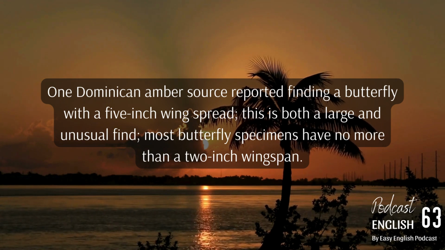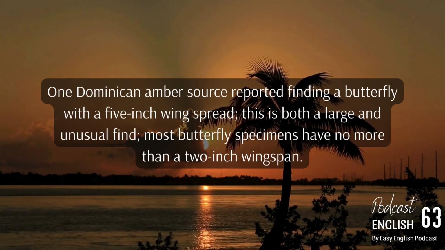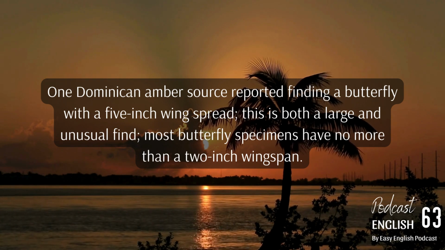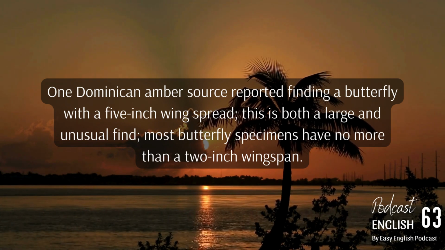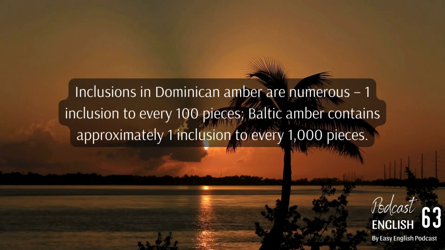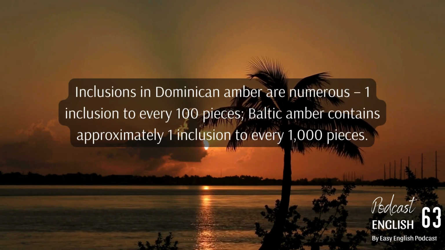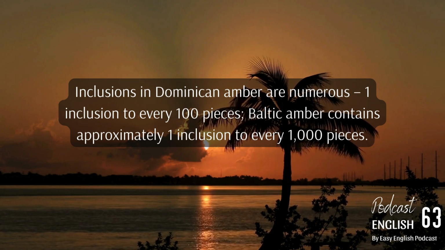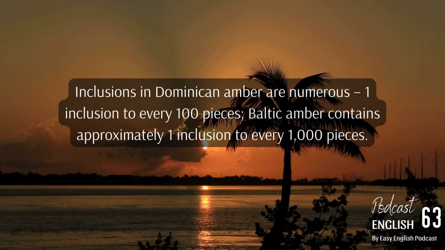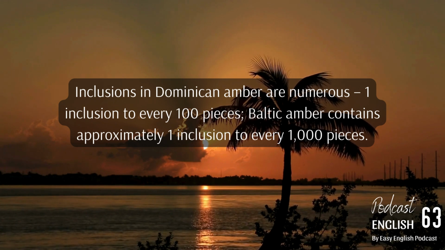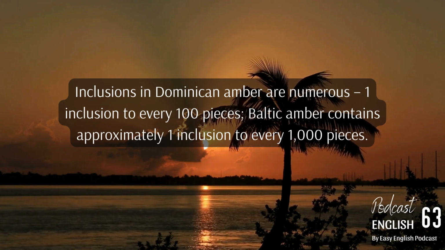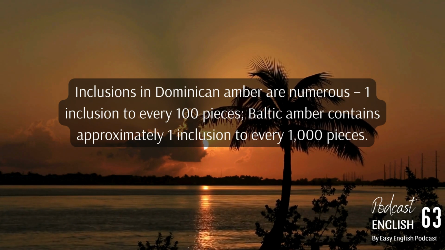This is both a large and unusual find, and most butterfly specimens have no more than a 2-inch wingspan. Inclusions in Dominican amber are numerous, 1 inclusion to every 100 pieces. Baltic amber contains approximately 1 inclusion to every 1,000 pieces.